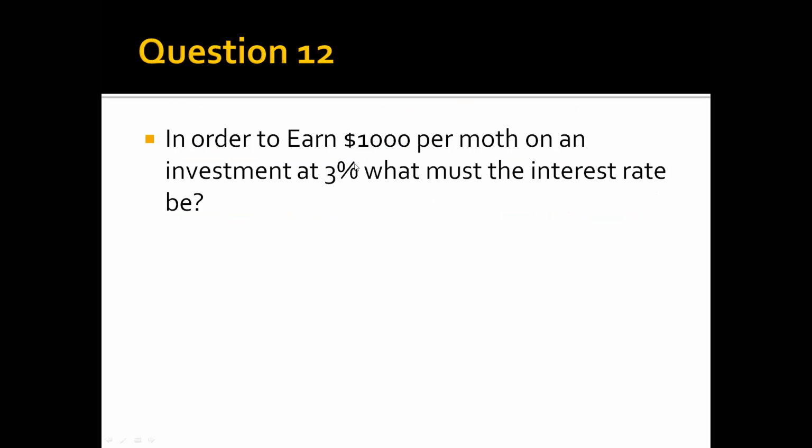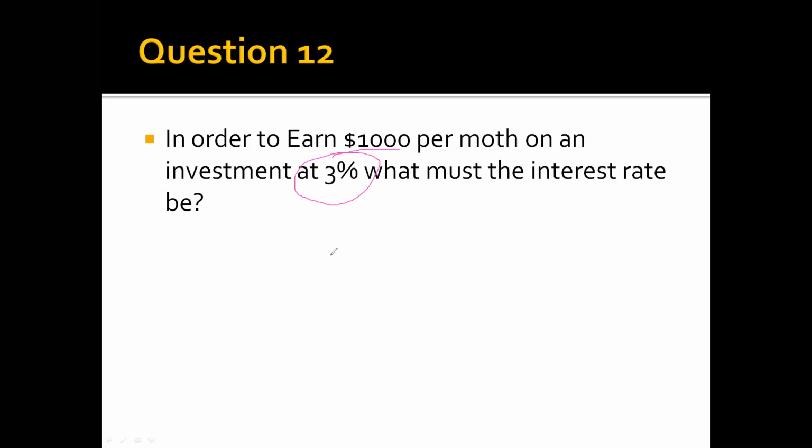And this is a question that if you're getting old, has a lot of relevance to the rest of your life. Because if you want to earn $1,000 a month on an investment, and no investment is paying 3% now, no savings account, no CD is paying 3%. But if we get up to 3% and you want $1,000 a month and never touch the principal, how much do you have to invest?